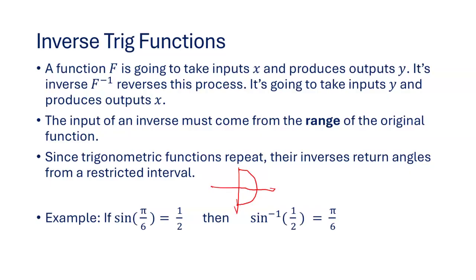Whereas cosine goes from 0 to pi, and then once again tangent shares the same range as sine, so tangent will also be from negative pi halves to pi halves. Any questions on that? Okay.